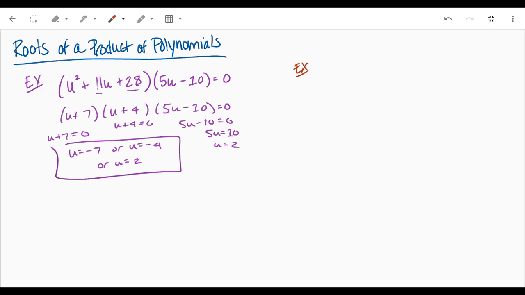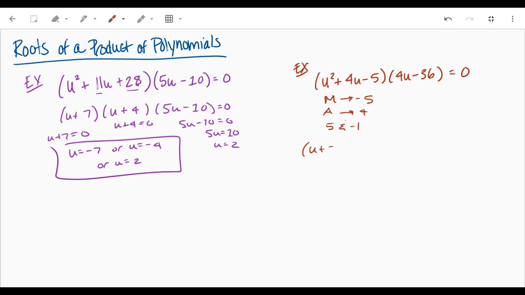I'll find a good one here. Okay, so if we have u squared plus 4u minus 5 times 4u minus 36 equals 0. Multiply to be negative 5, add to be 4. So we would have positive 5 and negative 1.